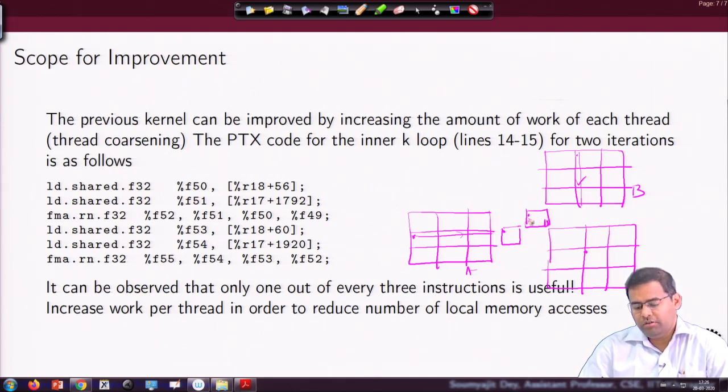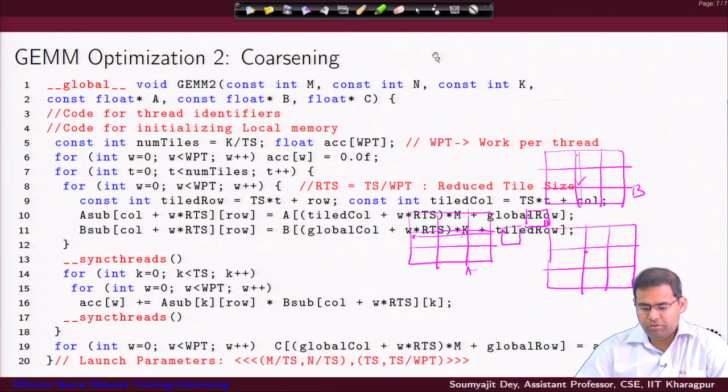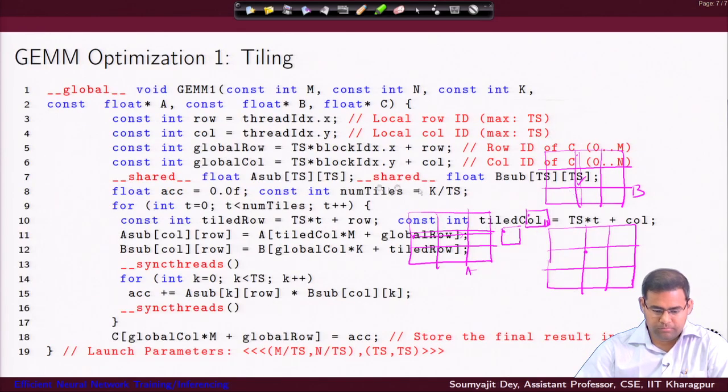Once that is done, if you look back into the code, this is the position where all those loadings will be done, right, by all the threads collaboratively. Now, as you can see, we are in the first iteration of this loop, all the threads have loaded the data of the first tile, right, and then they go to this second loop here.